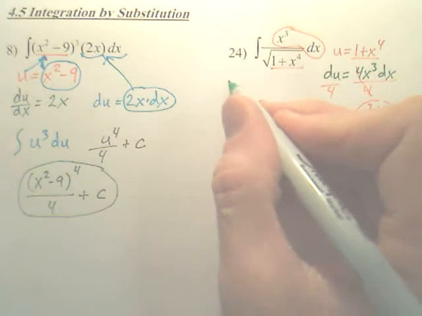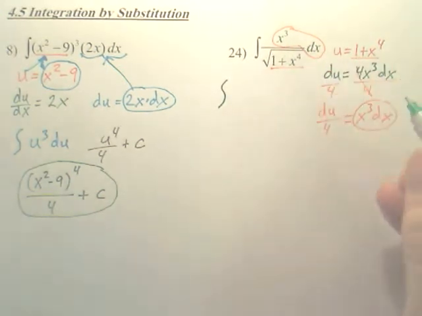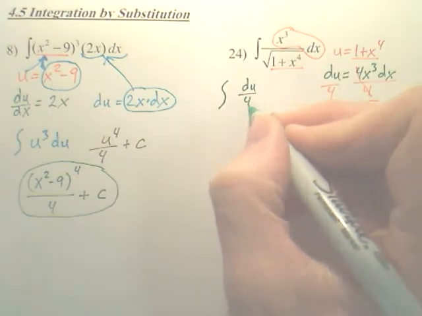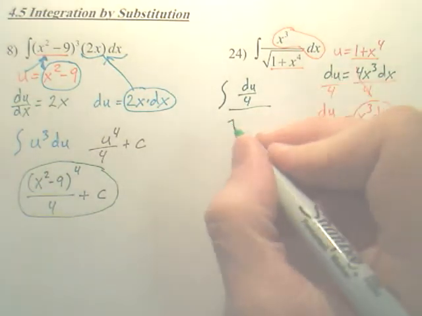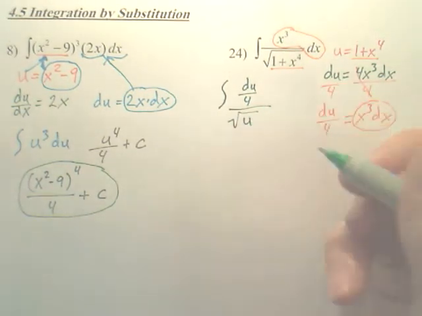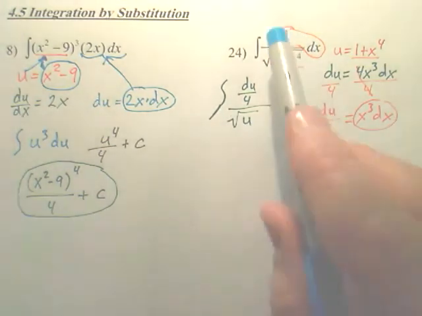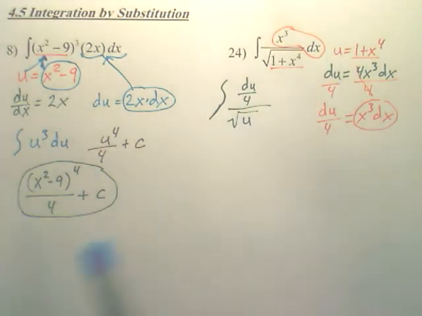So what I now have is, for the top piece, du over 4. And for the bottom piece, I now have the square root of u. The top piece becomes du over 4, and that's still the square root of u.